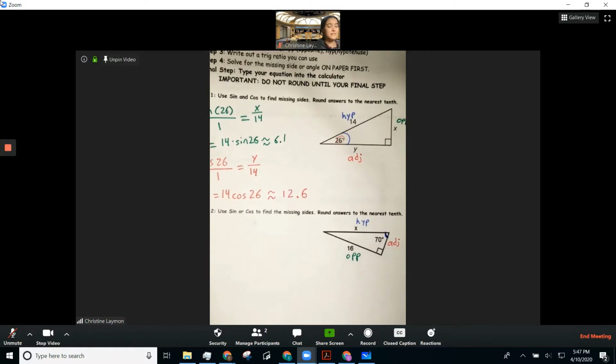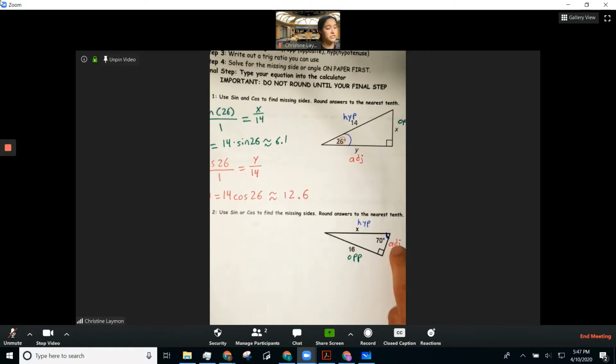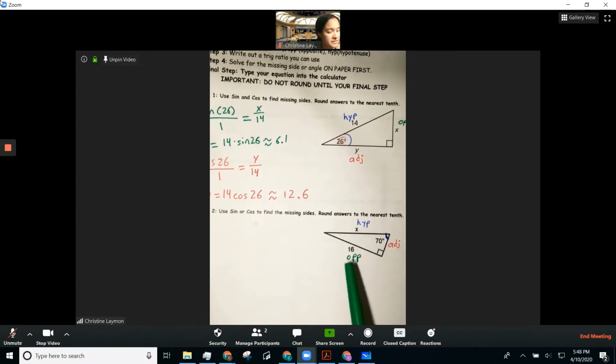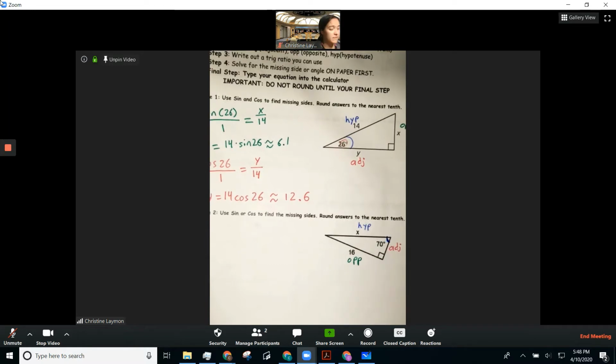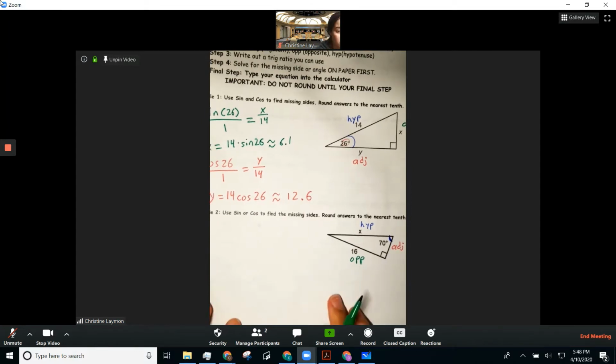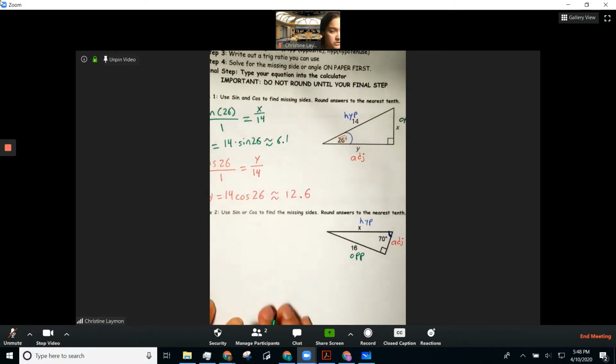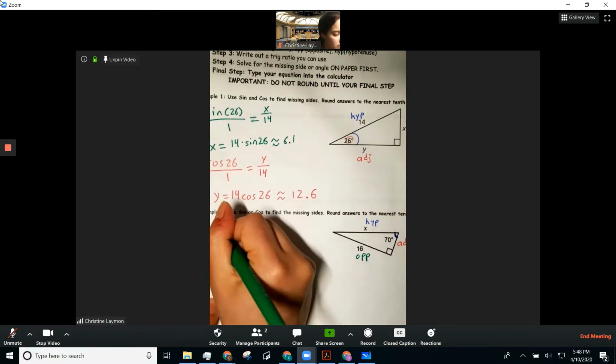Now notice that they did not ask me to find the adjacent side. We just want to solve for x. So x, hypotenuse, 16, opposite, and then that 70 there. Well, this means I'm going to be using sine because opposite over hypotenuse allows me to actually create a ratio here. So I'm going to do sine of 70.